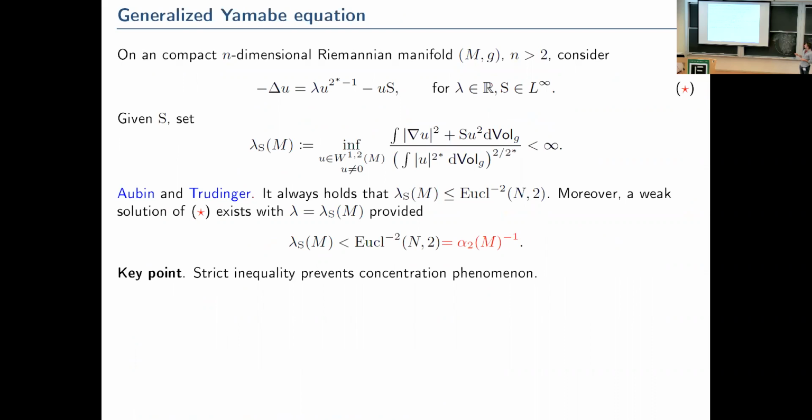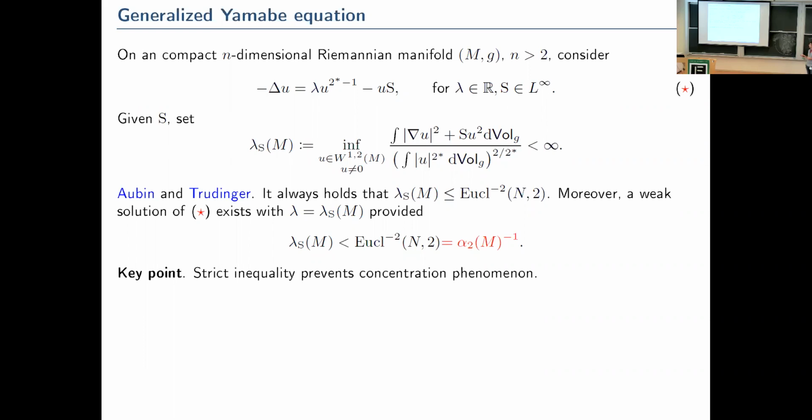Let me now present this PDE. It's called the generalized Yamabe equation. I will say why it's called generalized Yamabe in a moment. For the moment, let's go to a compact Riemannian manifold and consider this PDE for a parameter lambda and an L-infinity function S. I consider this functional here, and I minimize over all possible Sobolev functions. I call this the generalized Yamabe constant.